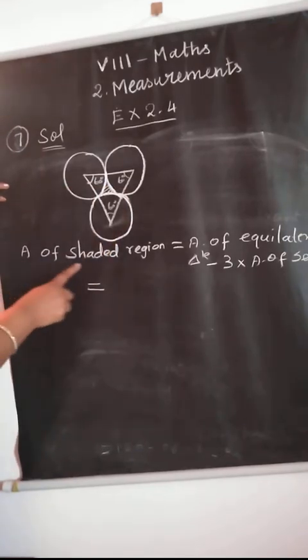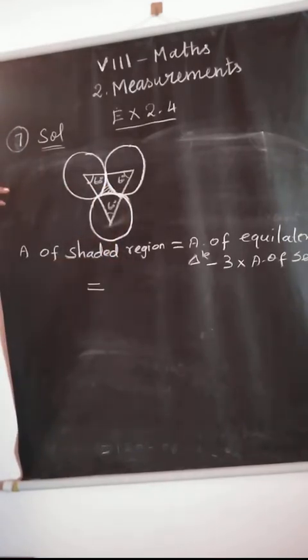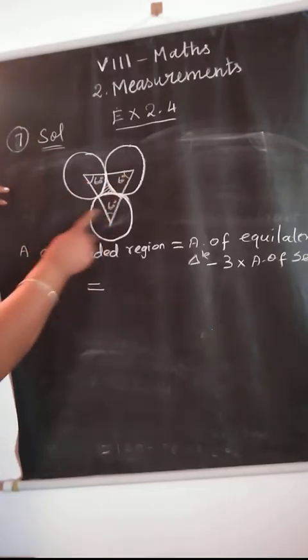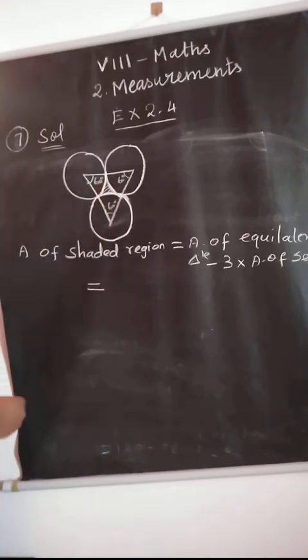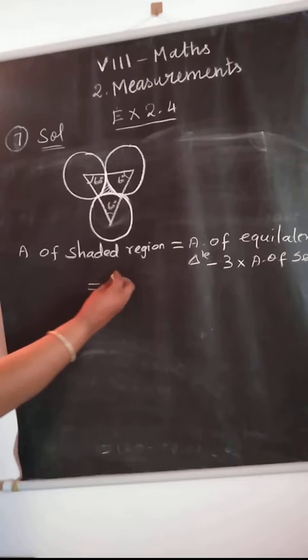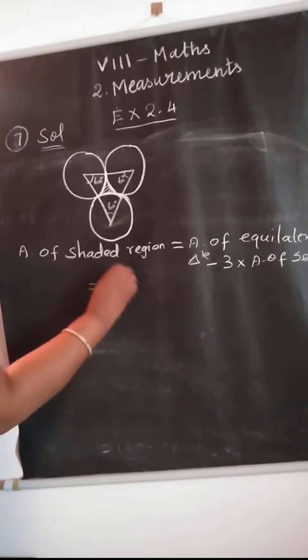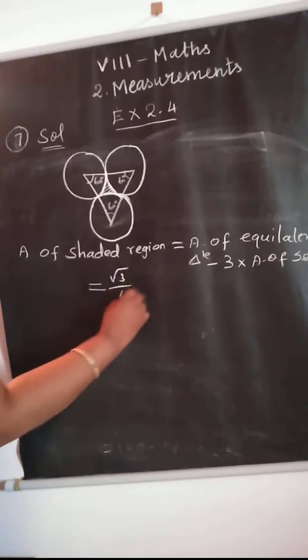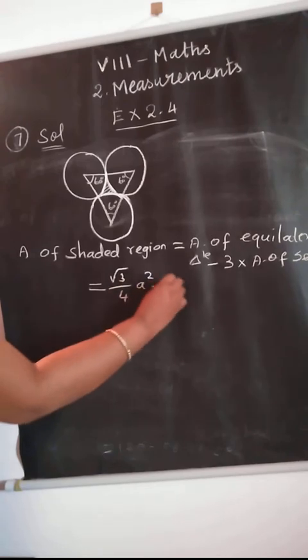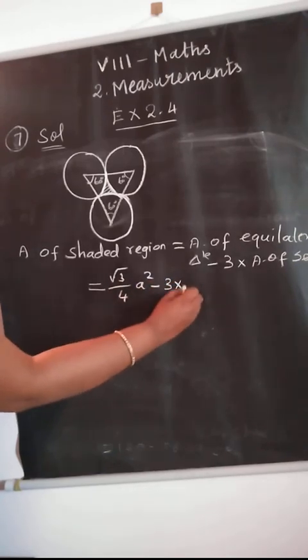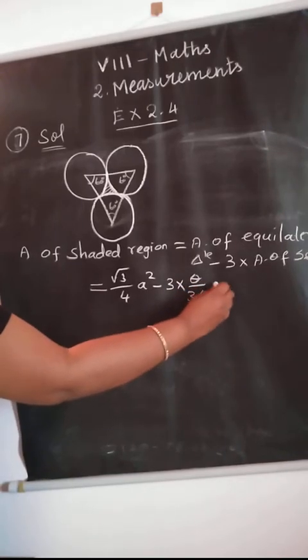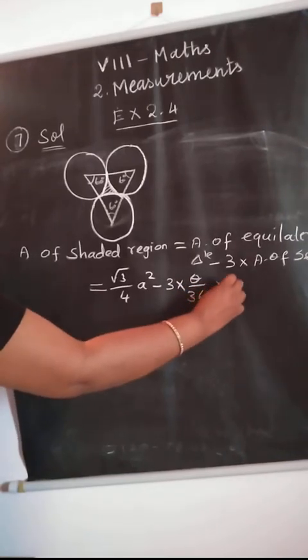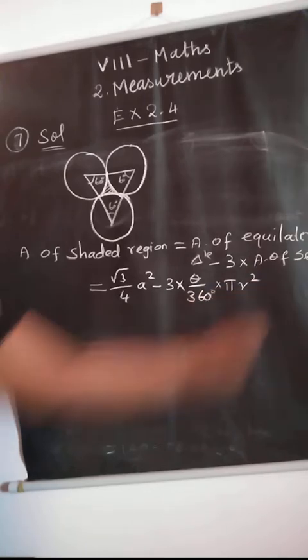Therefore, area of shaded region is equal to area of equilateral triangle minus 3 into area of sectors. Now substitute the formula. Area of equilateral triangle formula is root 3 by 4 a squared minus 3 into area of sector formula theta by 360 degree into pi r squared.